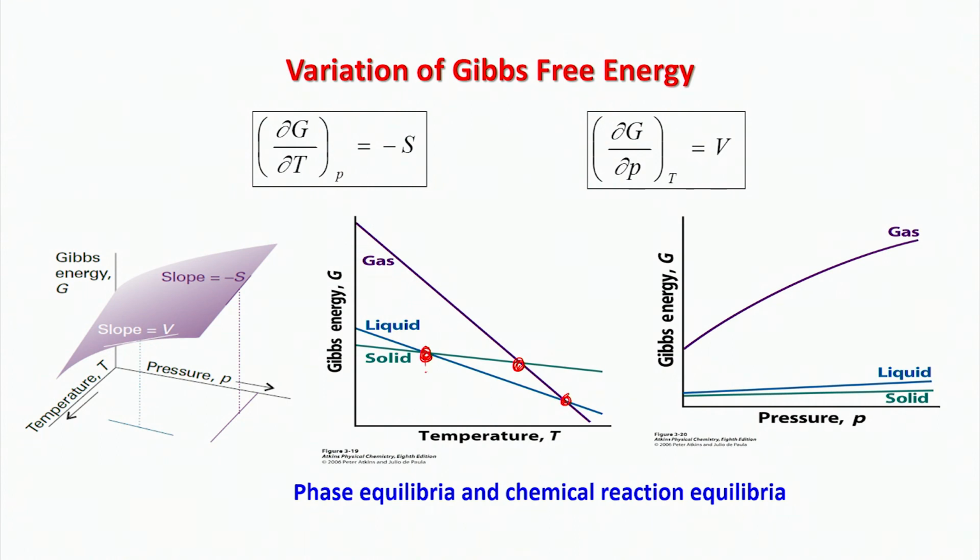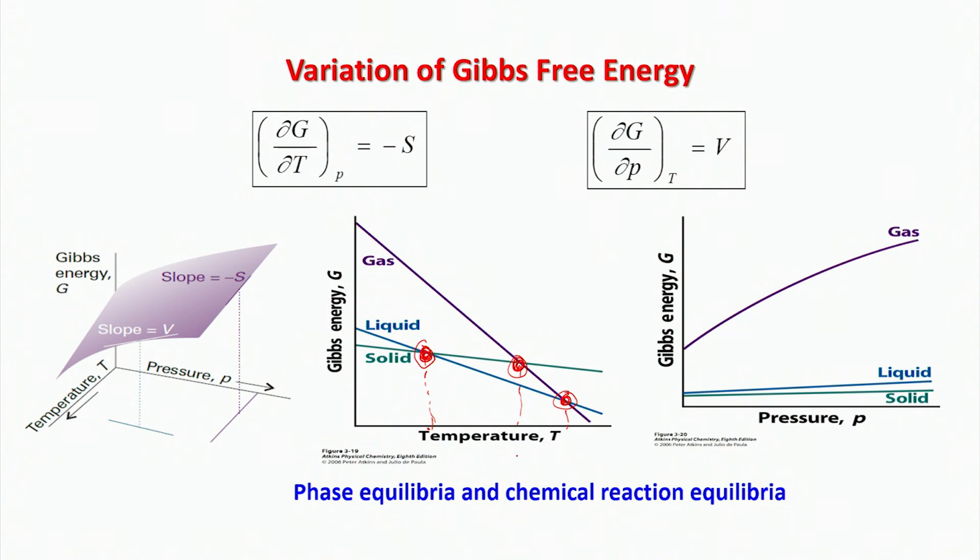As you see, at a given pressure, at these 3 temperatures, I have the Gibbs free energy equal between the 2 phases that I see here. So in this case, I would say that yes, at this temperature, the free energies of the solid and the liquid phases are equal. Therefore, they can coexist in equilibrium.